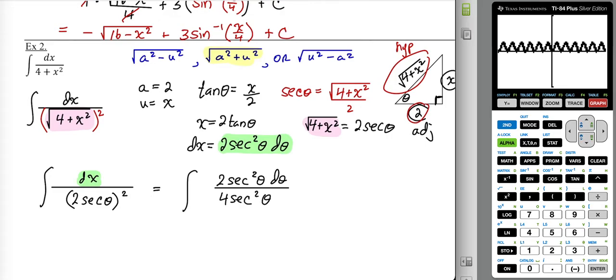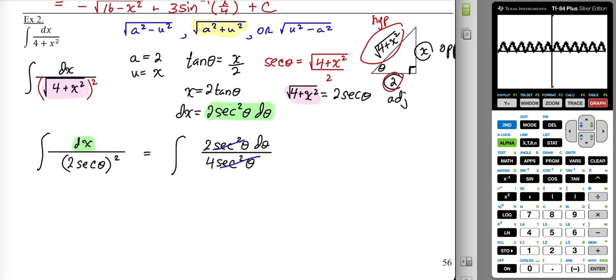Okay, so we have a nice cancellation. Can't always guarantee that, but when it happens, it's really nice. So the integral of 1/2 d theta is going to be 1/2 theta plus c.